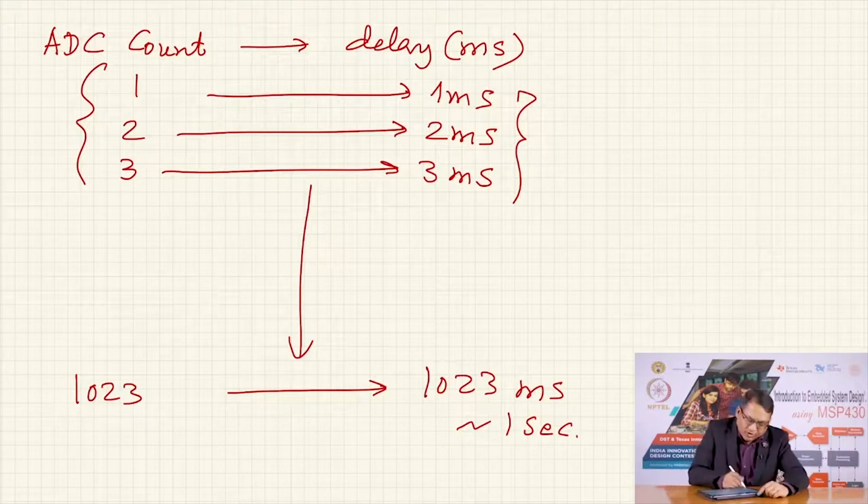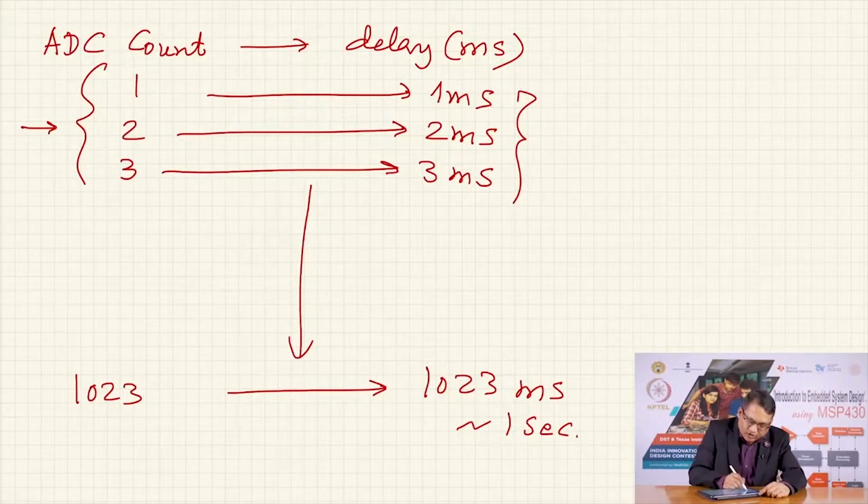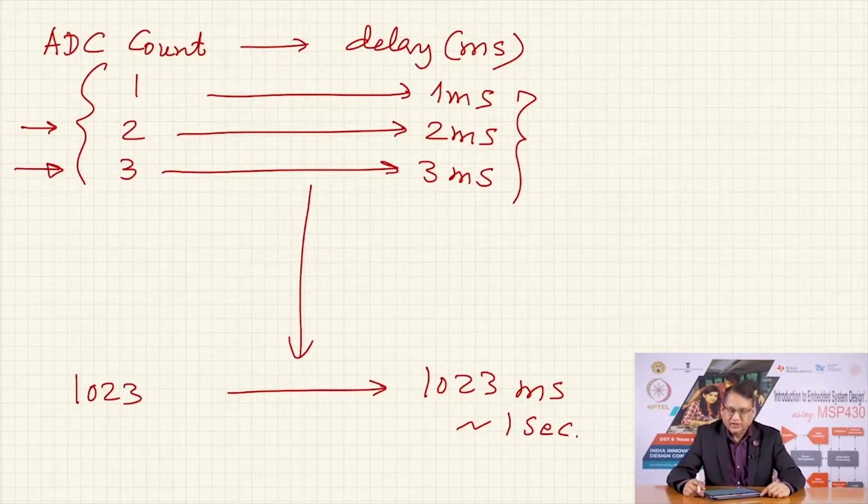But the moment you increase the count to 2, the display rate drops drastically from 250 times a second to 125 times a second. And when you do 3 milliseconds, it is actually 3 into 4, 12 milliseconds, which means roughly 80 times a second.